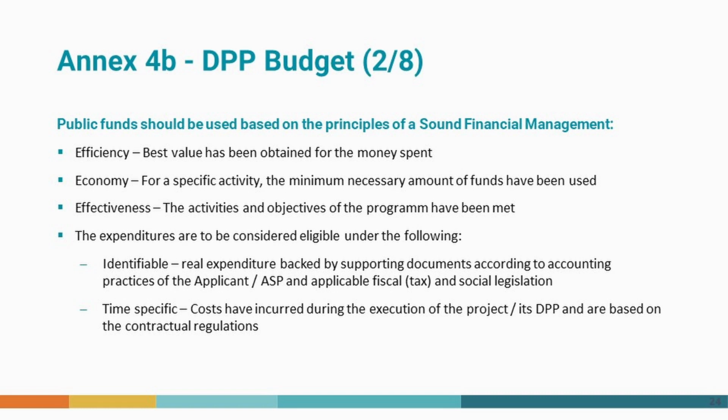The expenditures are to be considered eligible under the following: that they are identifiable, real expenditure backed by supporting documents according to accounting practices of the applicant, ASP, and applicable fiscal and social legislation, and that they are time-specific. Costs have incurred during the execution of the project, its DPP, and are based on the contractual regulations.